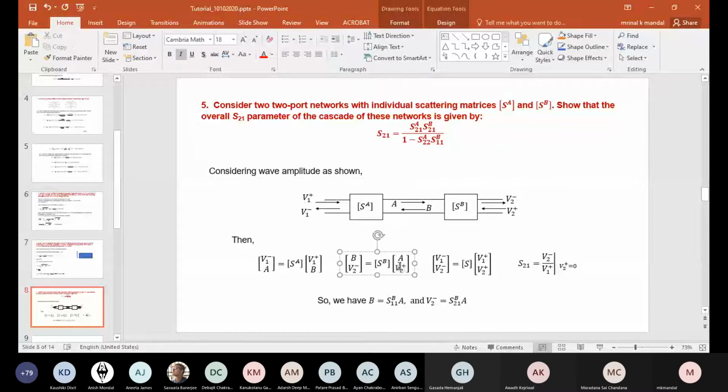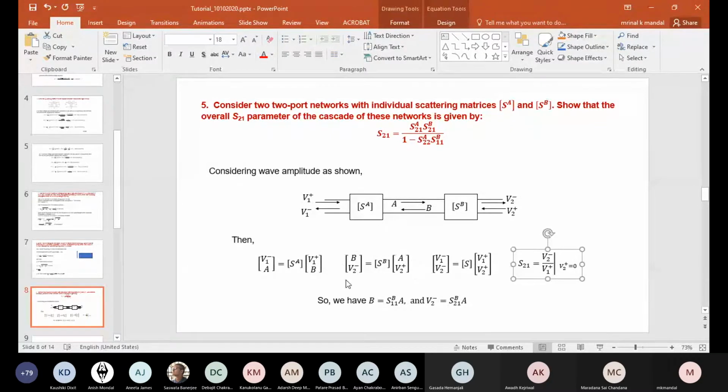Similarly, you can write it down for the second network, where the reflected voltages are B and V2 minus. Then we have to express the overall S parameters, that is V1 minus and V2 minus, equal to the overall S parameters into V1 plus and V2 plus.